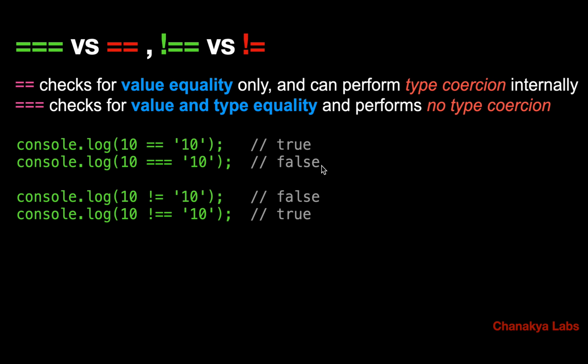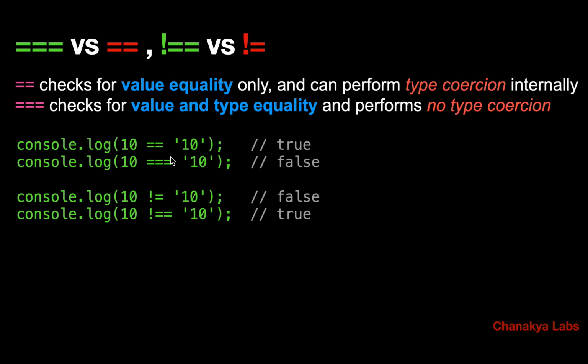But you see here that that is not the case. Why? Because apart from value equality, it is also trying to do type conversion. So internally, and that is why it is called coercion, automatically it will try to do some type conversion.